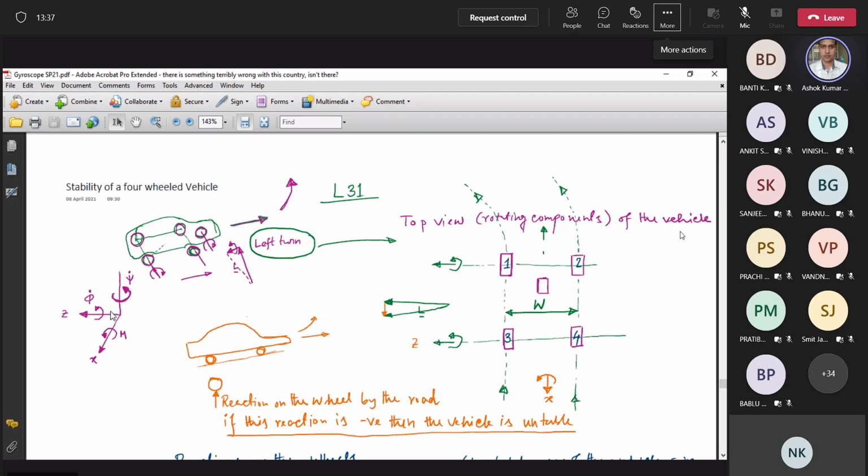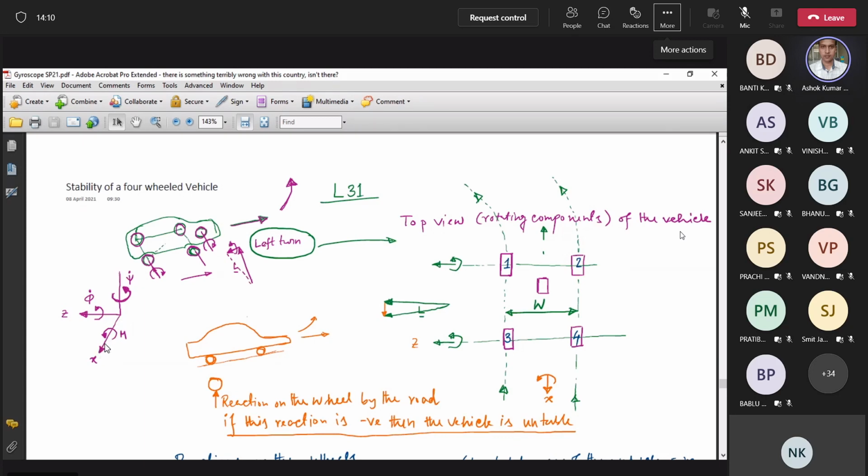So we will call this axis the Z axis, and the whole vehicle is taking a left turn in this direction. So actually about the vertical axis, it is having this precession. In this case the axis is perpendicular to the plane. And what about the axis about which the moment is applied, the externally applied moment due to this gyroscopic action?